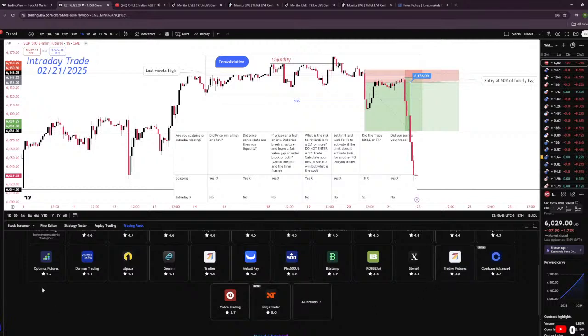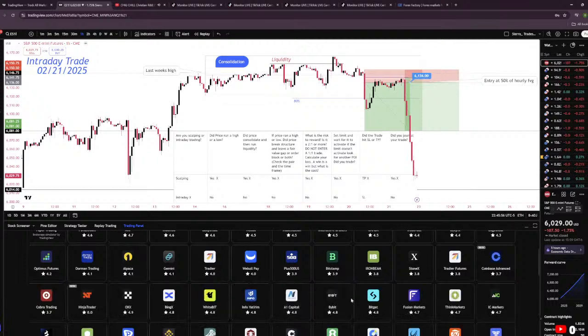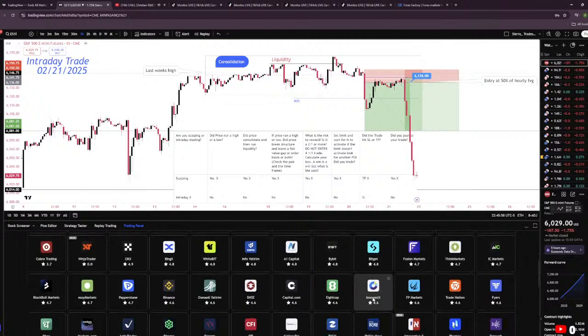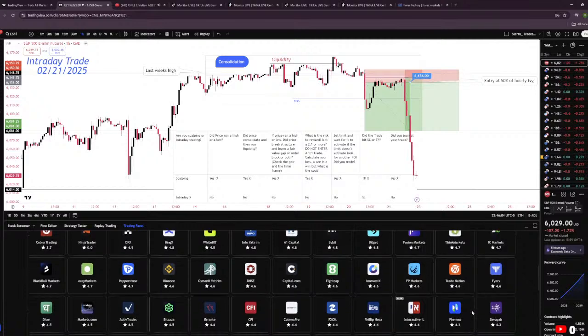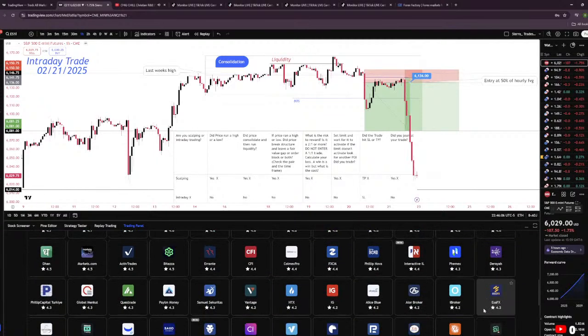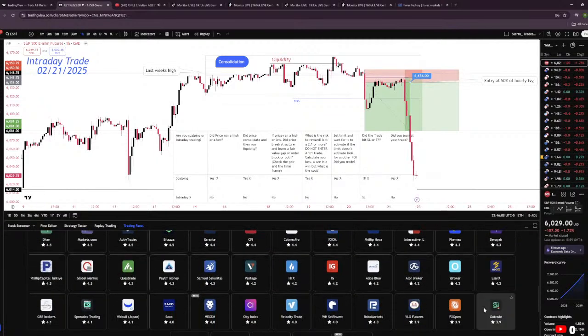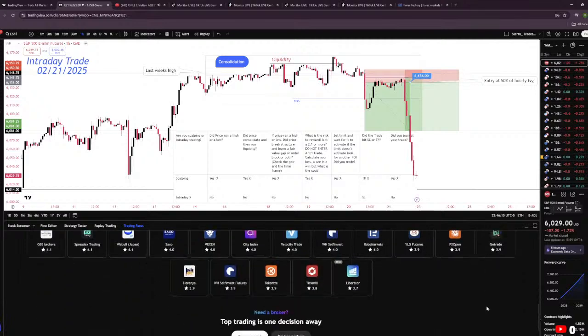That's futures. I could have sworn Black Bull was on here. Okay, all brokers. NinjaTrader is futures. Okay, there we go. So all of these are either futures, options, or forex brokers. So if you want a regulated broker, just come here and look through here and do your research.